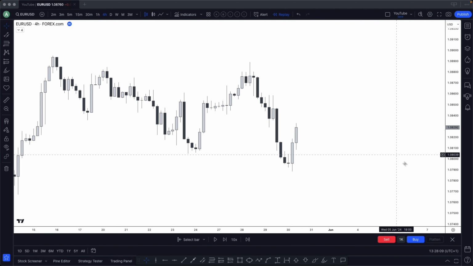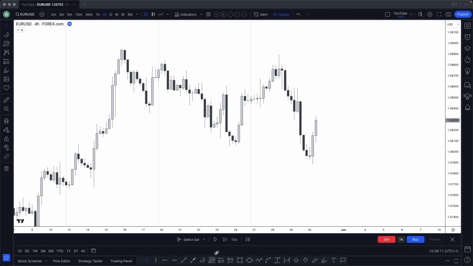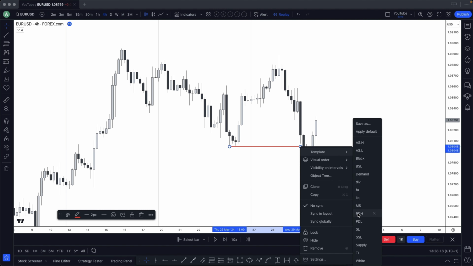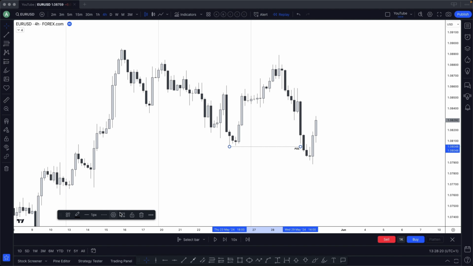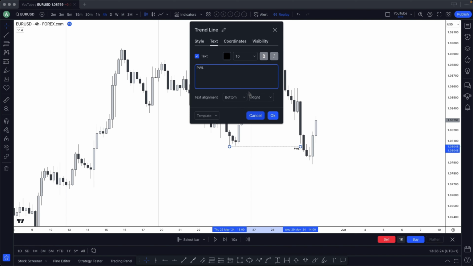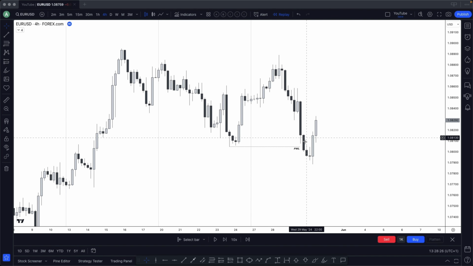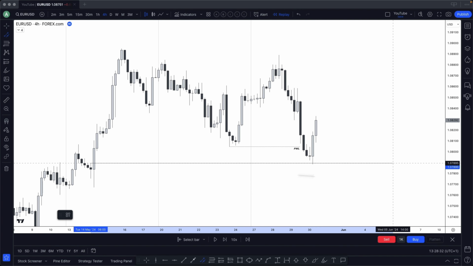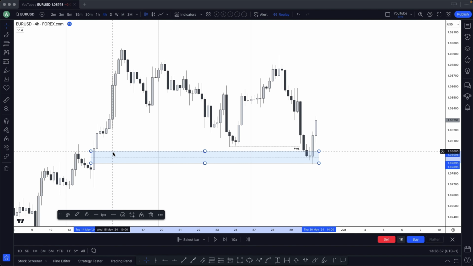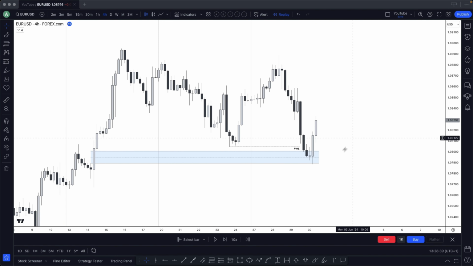What else do we have? Well, price aggressively sweeps previous weekly low down here. So again, we saw that aggression lower, and then we saw a rejection from this H4 displacement.